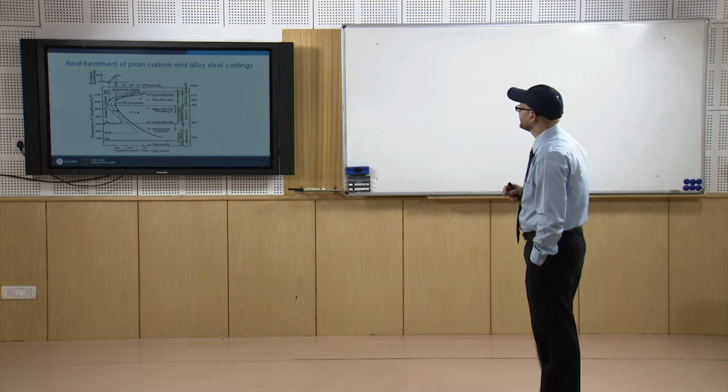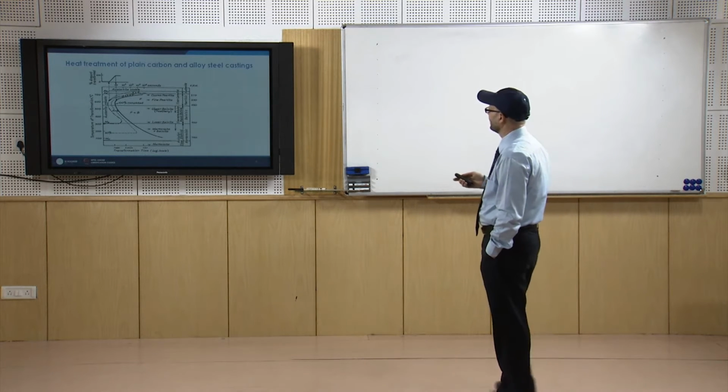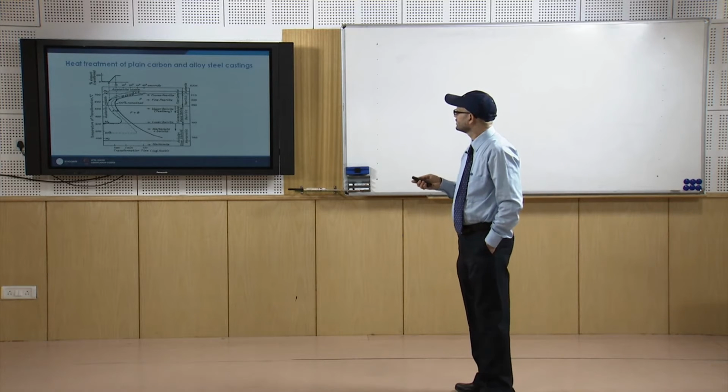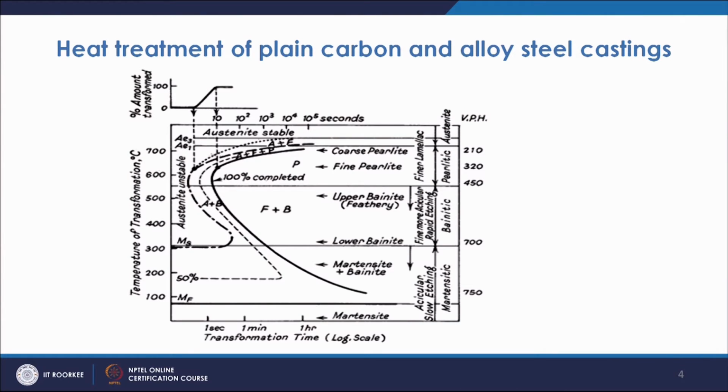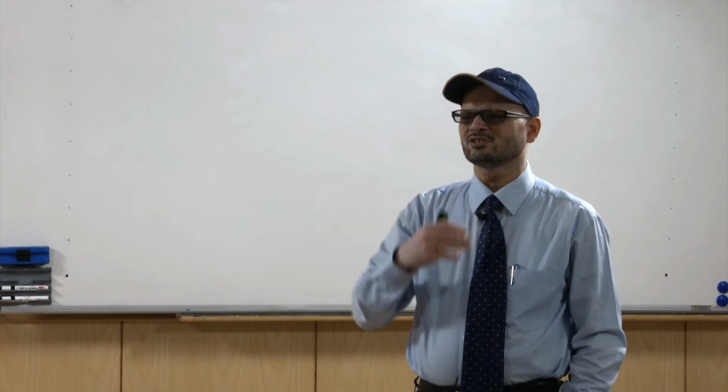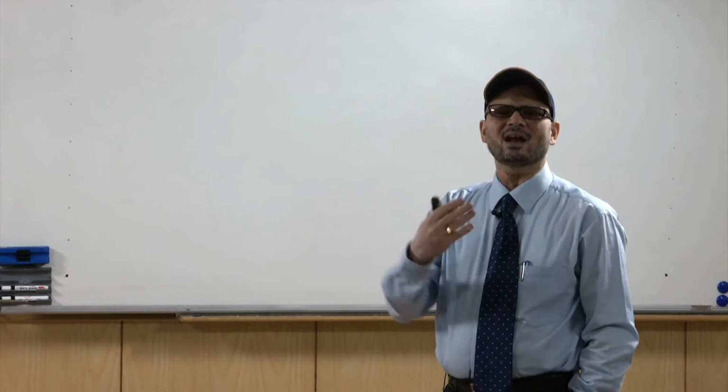If you look at the TTT curve, it is for eutectoid composition of steel. What you see is when it comes below the lower critical temperature, that is AC1 or AE1, once it goes below that temperature the nucleation, or transformation, basically starts.